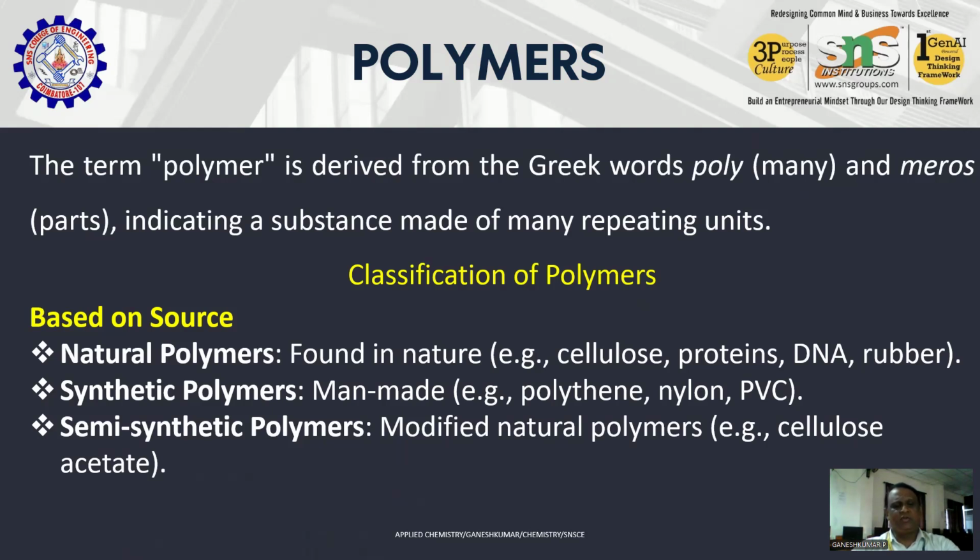The next one is semi-synthetic polymer, which is a combination of natural and synthetic, a modified natural polymer, which we can say is cellulose acetate. Cellulose is obtained naturally, and acetate happens due to the reaction in the lab.